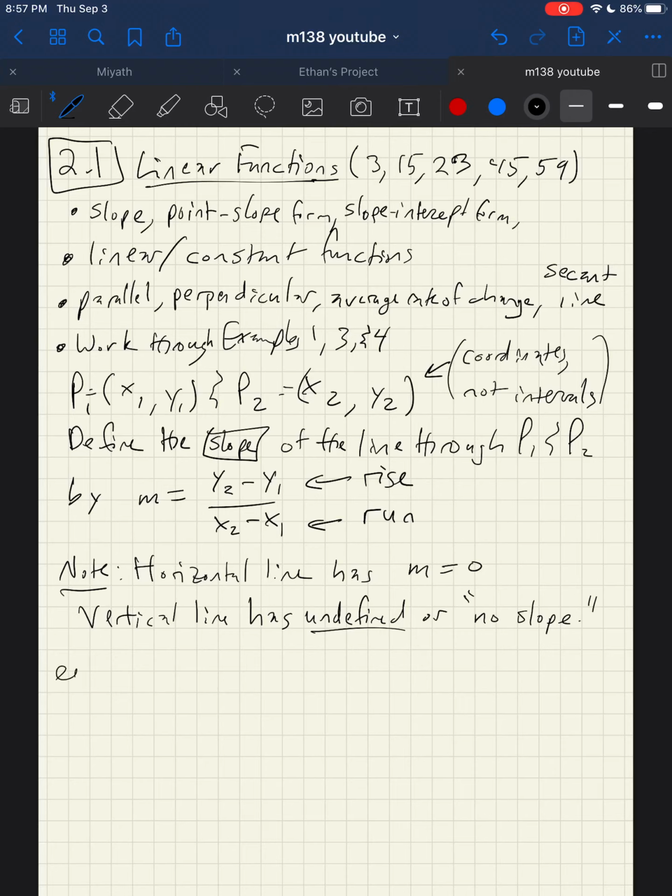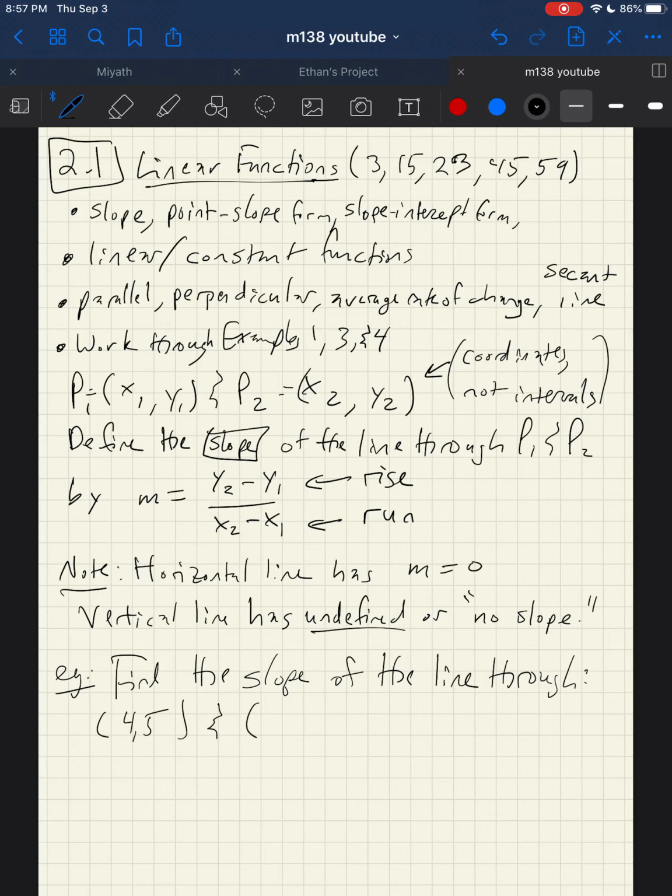So let's do a quick example. Find the slope of the line through. Let's do 2 points here. Let's do 4, 5 as my first point, and we'll do 7, 3 as my second point.